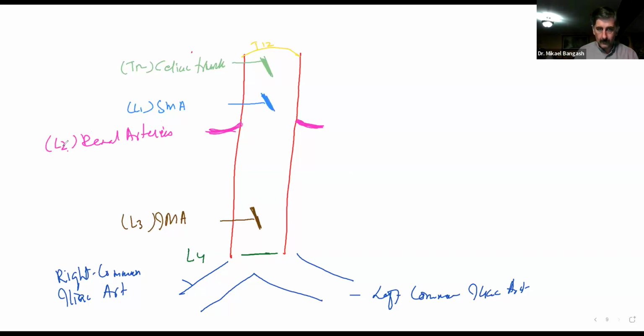Mostly, these renal arteries will be giving off what we can call the suprarenal arteries.